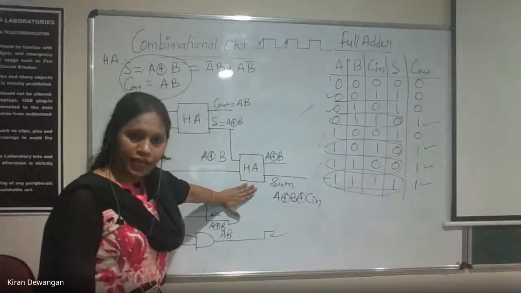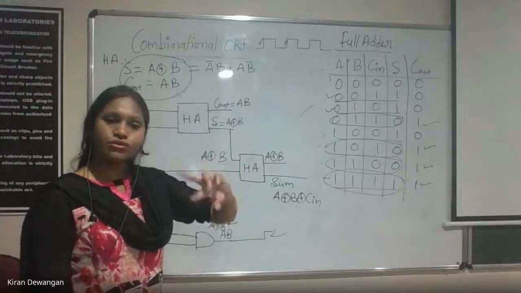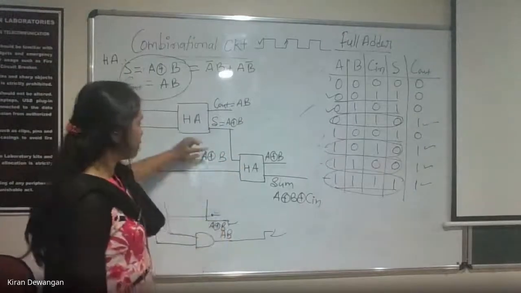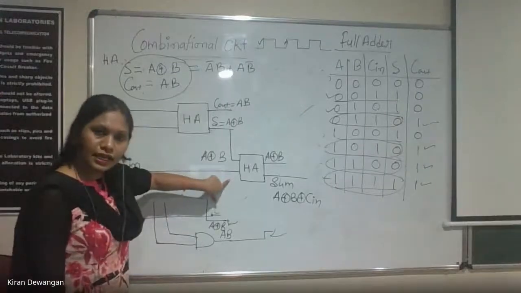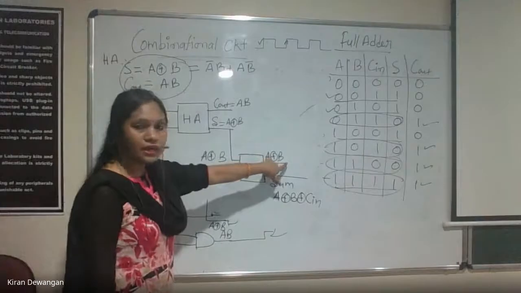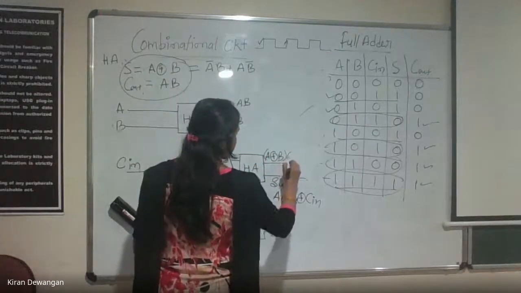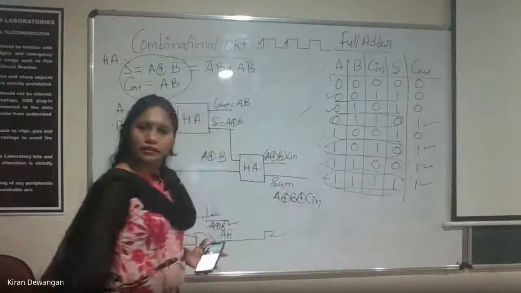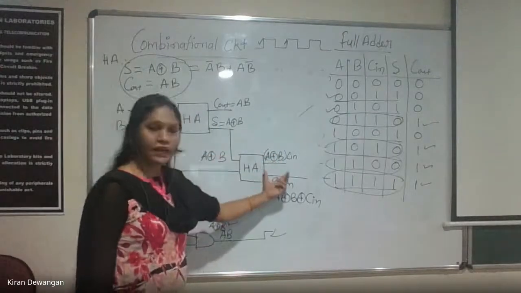That is just AB. मतलब हम AND करते हैं. जो भी दो इनपुट रहता है उसको हम AND करते हैं. तो यहाँ से A XOR B जा रहा है. From here we are giving C in, right? So this output will be A XOR B into C in. Clear? So this is my second output of the second half adder.